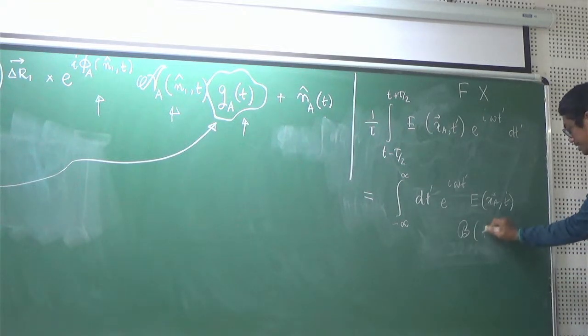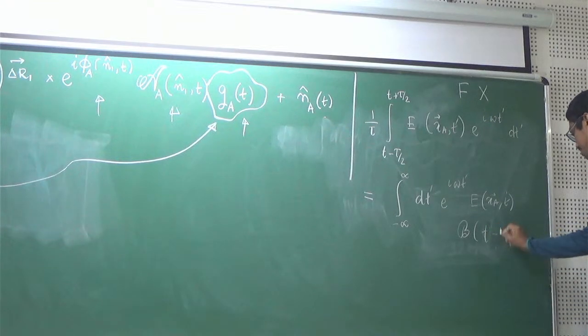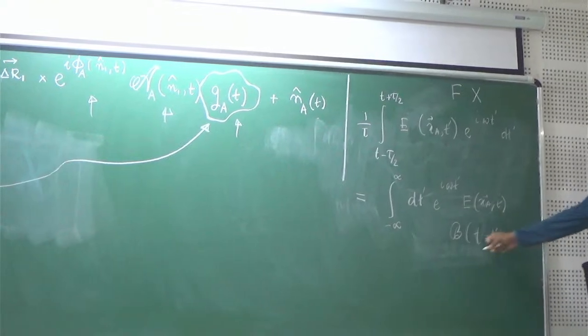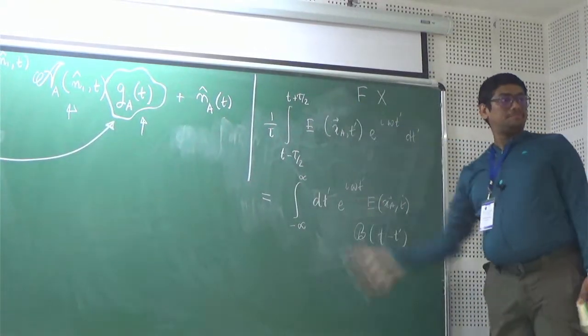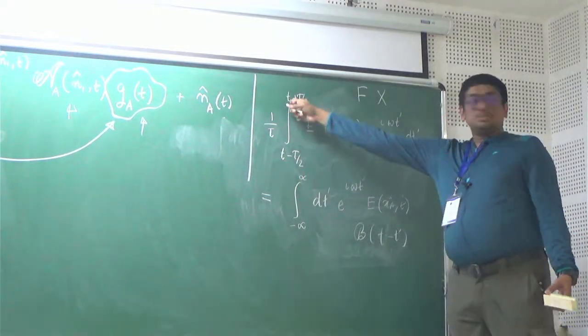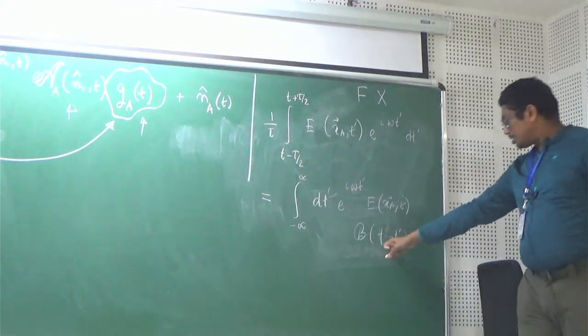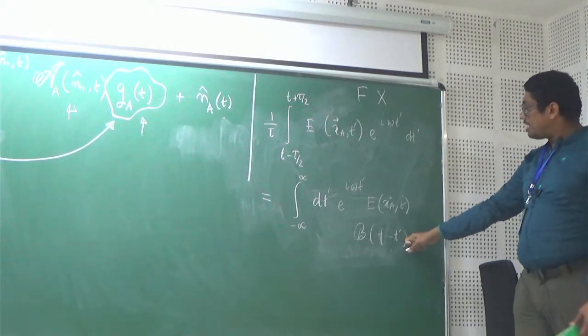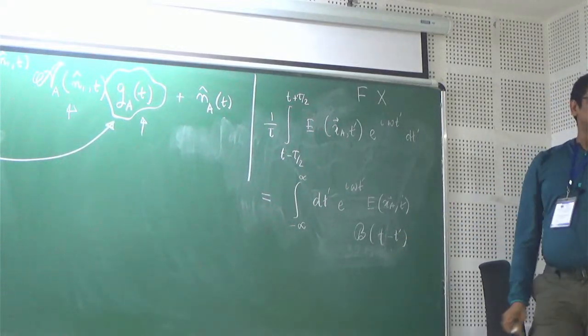So let's just write it this way. Give a convolution, E minus T. This is just that integral. You see that after you do the integral, it will be a function of T. So that T prime is integrated over.